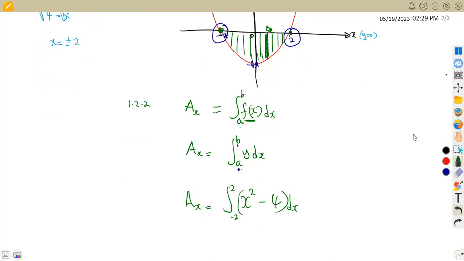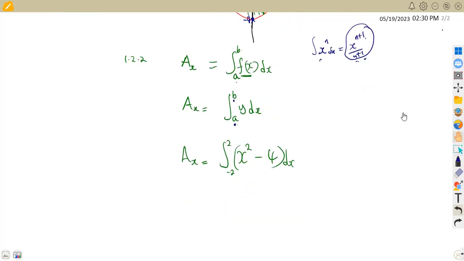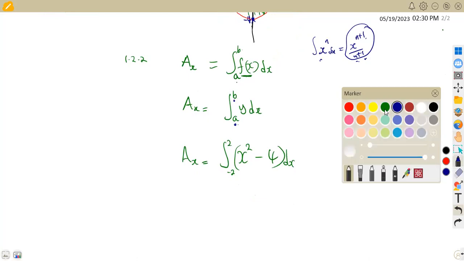Remember that the integral is the opposite of the derivative. If you are given x to the exponent of n, then when you integrate it is going to be x to the exponent of n plus 1 over n plus 1. So this time we are adding 1 to the exponent.